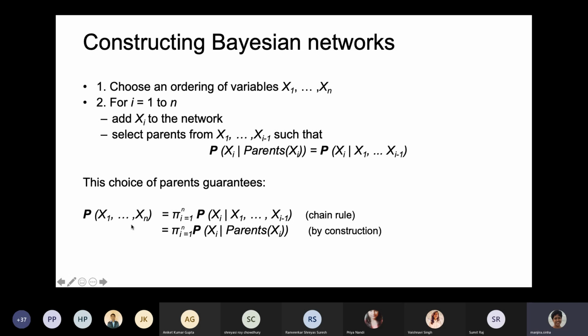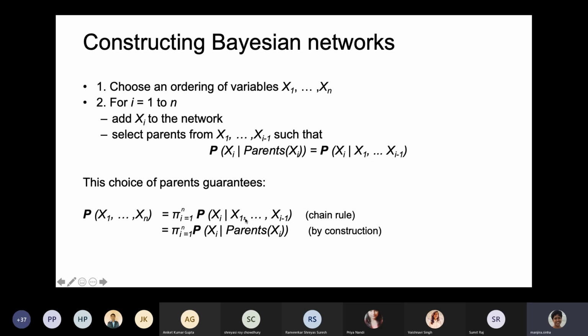Okay. So this kind of choice guarantees two things. First one is that the chain rule holds. That is, if I want to calculate the joint probability P of x1 to xn, that is the joint probability of all the random variables, I can simply do that by multiplying P of xi given x1 up to xi minus 1.